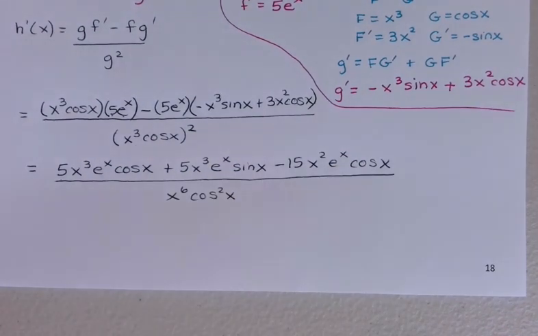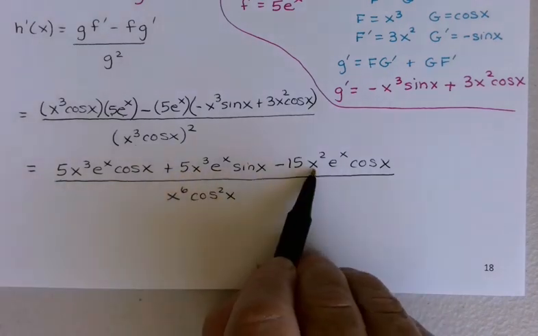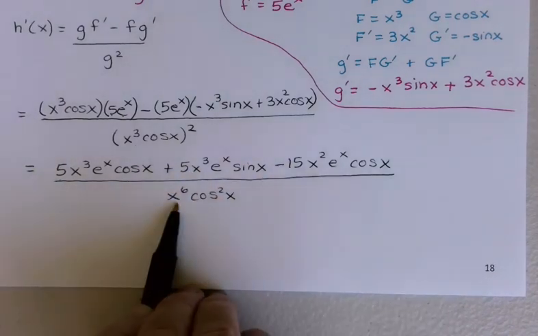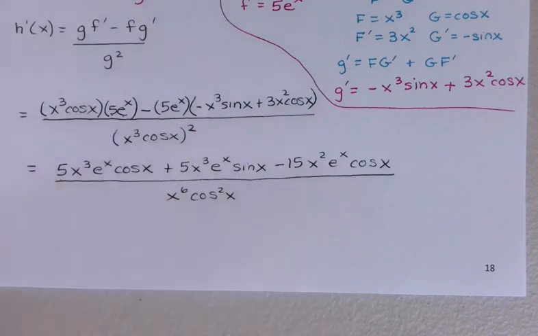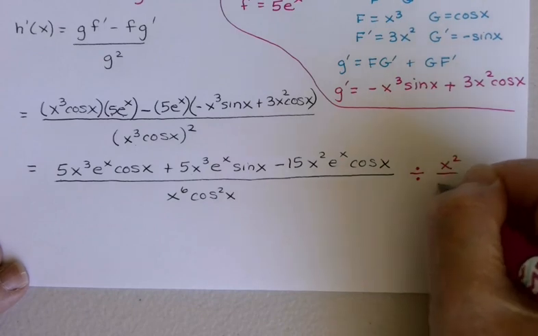Now that's not bad, and I probably would say it was okay even if you left it just like that. But I am actually going to notice that there is a little bit of simplification I could do here. Do you notice that x squared divides into all of those, and I could actually divide an x squared out of the denominator as well? So I'm actually just going to take one more moment and say, what if we divided by x squared over x squared?